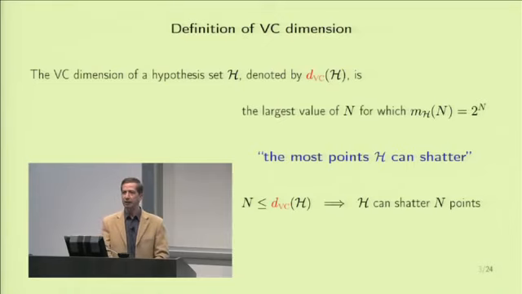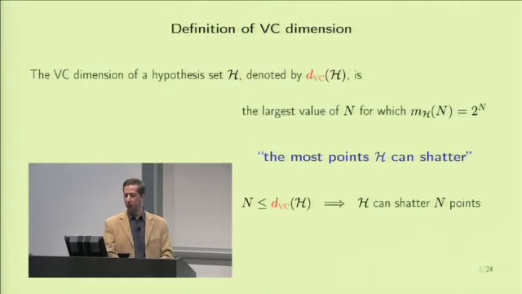Which n points, I haven't said, but there has to be n points for which the hypothesis set can shatter. Why is that? Since the VC dimension is this number, there will be that many points that can be shattered. Well, any subset of them will have to be shattered as well, right? Therefore, a smaller number will also be shattered, which means that if n is smaller, you can shatter it.